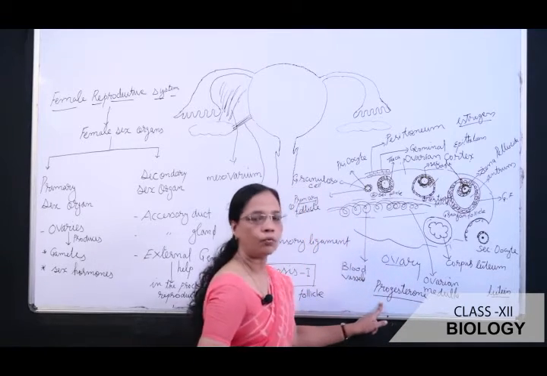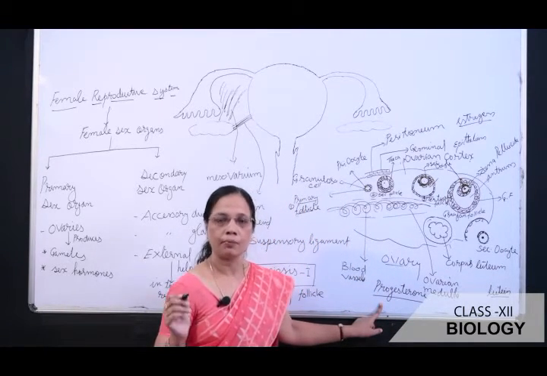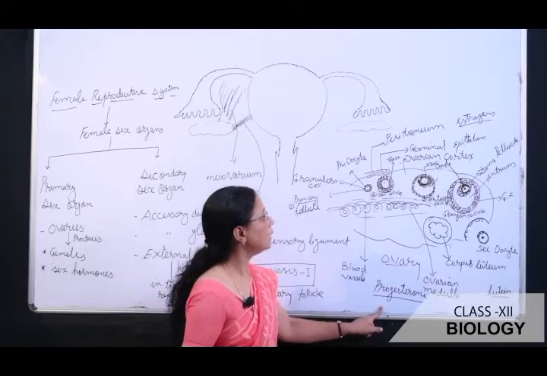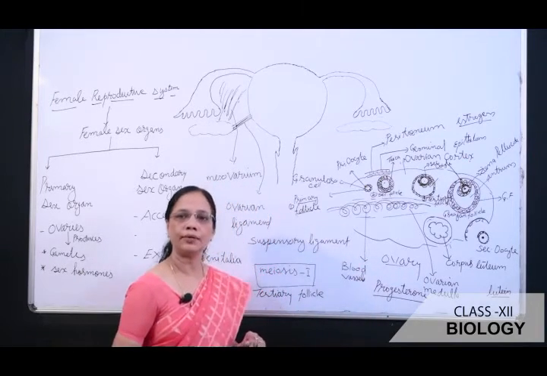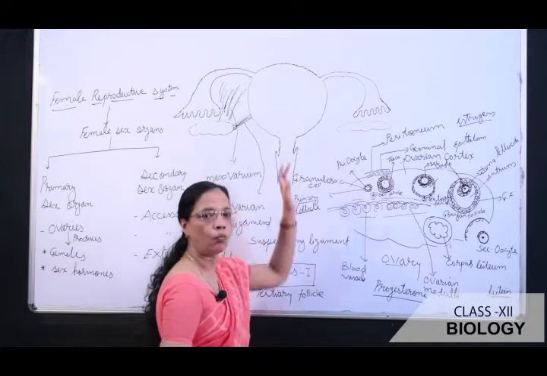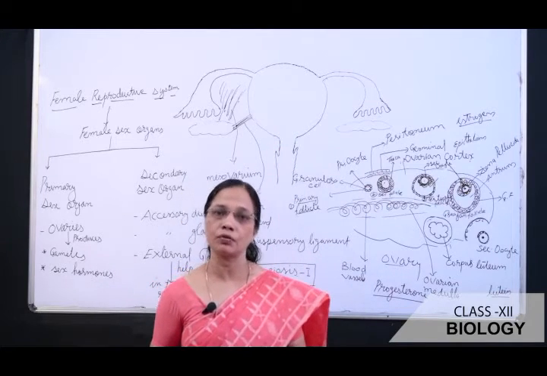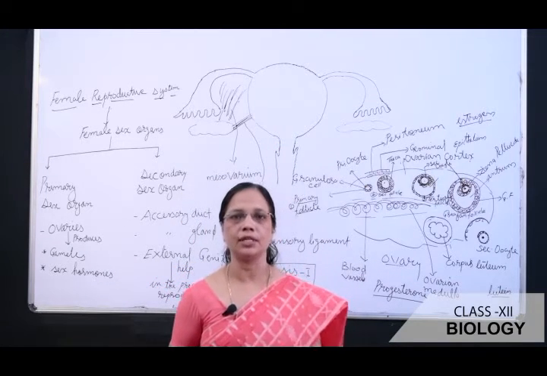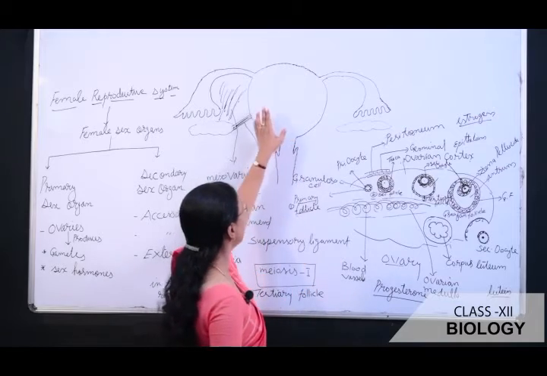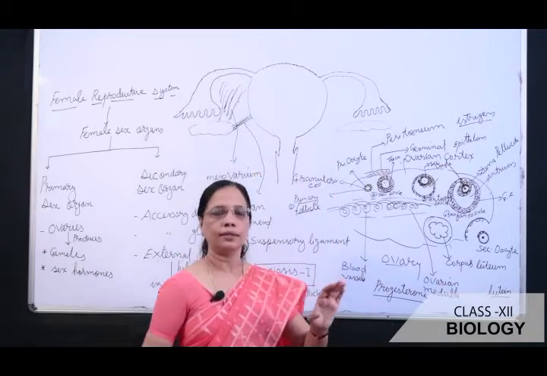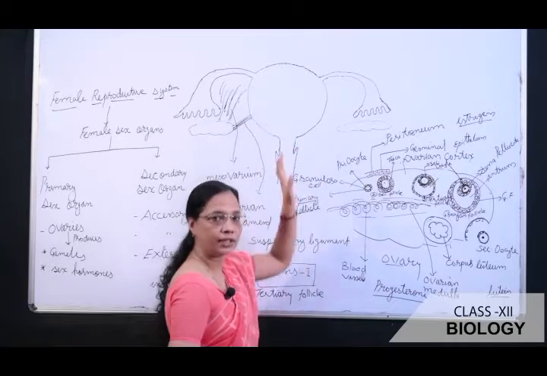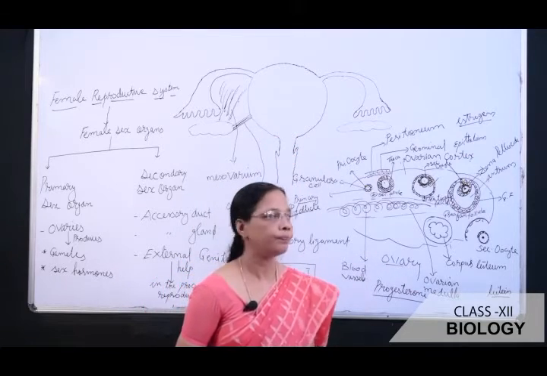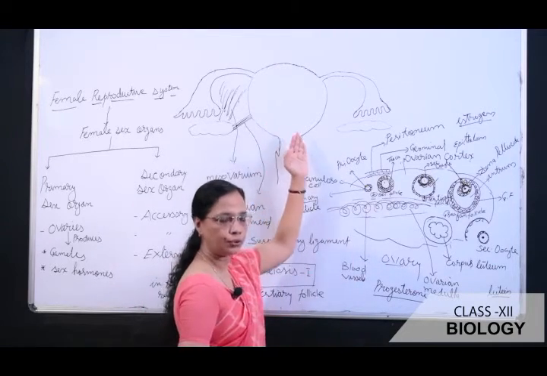What is the function of this progesterone? Progesterone helps in the maintenance of endometrial tissues in the uterus. Why is there a need for maintenance of endometrial tissue? If fertilization takes place, implantation of the embryo takes place in the uterus. For that, they are maintaining the endometrial tissue.